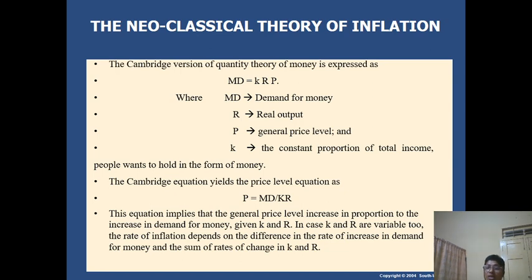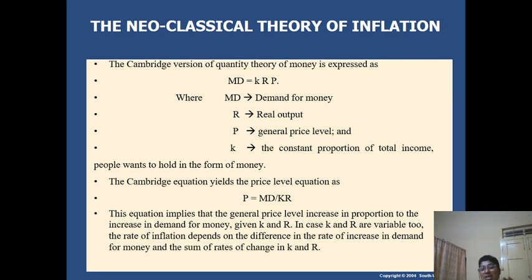I think there is a confusion here, because in the last class in fifth semester we saw that the Cambridge equation's demand for money is actually k plus demand for transaction purposes also. So if demand for money for transaction purposes increases, definitely the price level also increases. That is the indirect meaning of this.